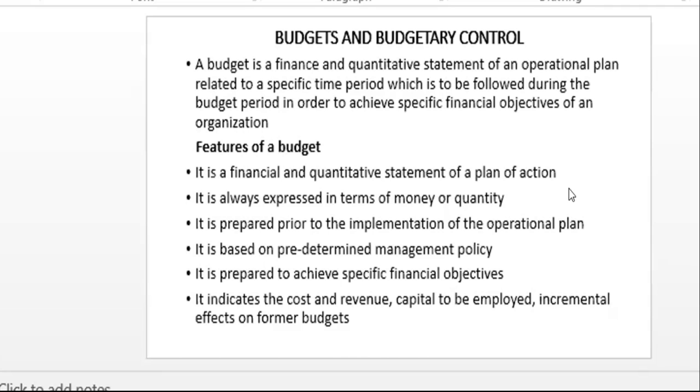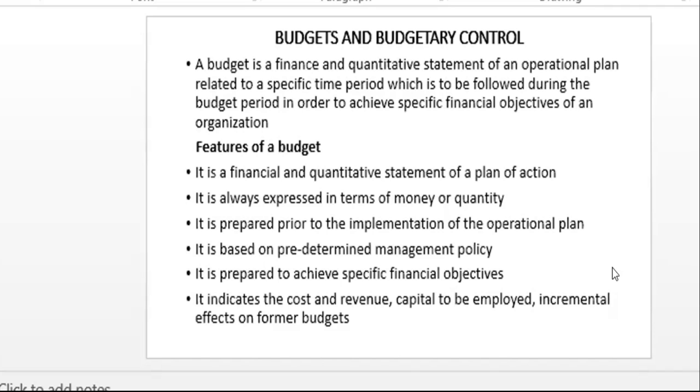Like you could be talking of how many schools the government intends to construct in a given year. That is part of the budget. So you give the numbers and then the figures in monetary terms.